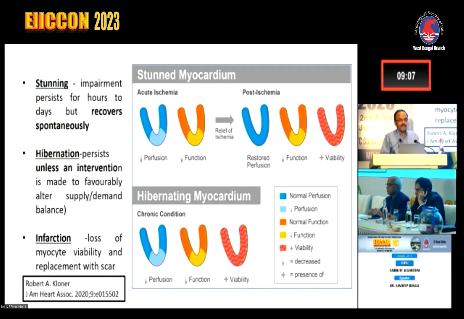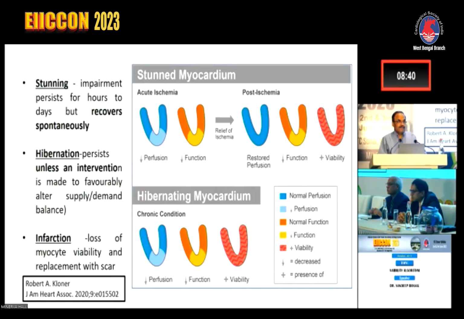And this entity, when you have a restored perfusion but you continue to have a myocardial dysfunction, is known as myocardial stunning. On the other hand, if you have a reduced perfusion and you continue to have reduced perfusion, the function of the ventricle continues to be hypofunctional.